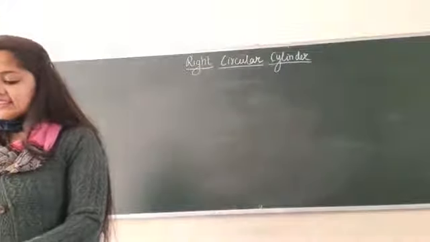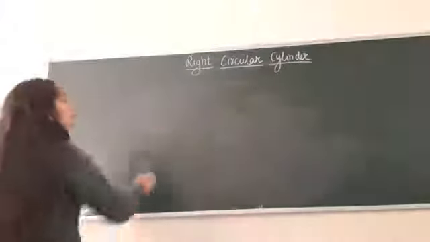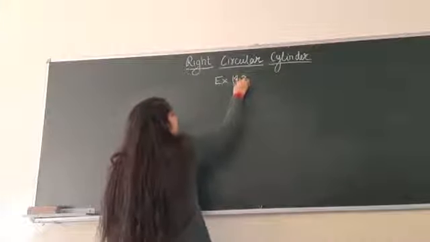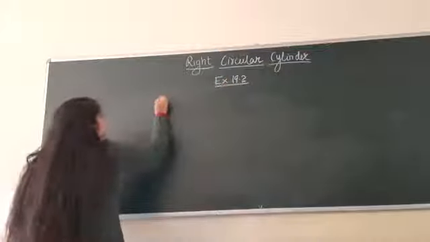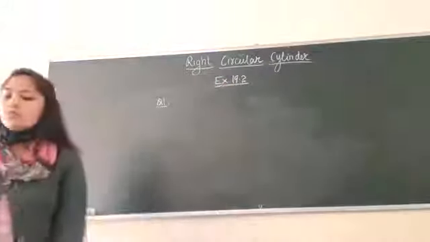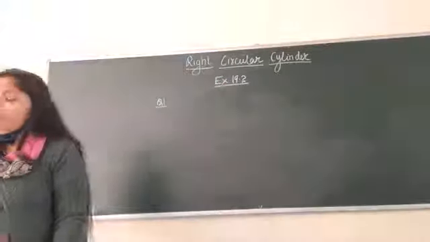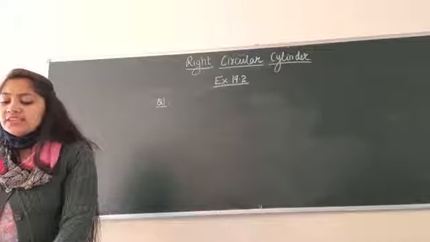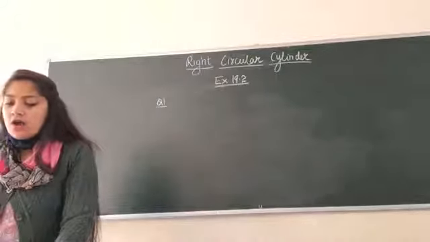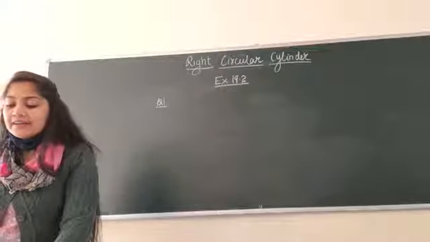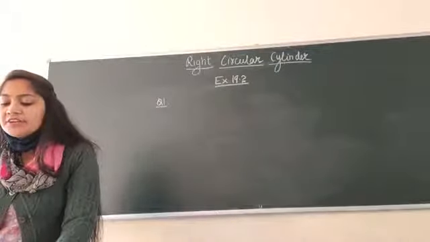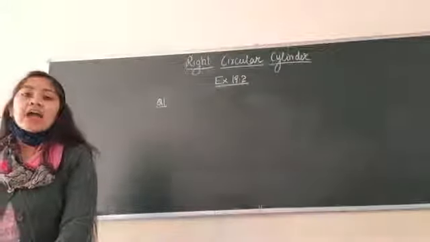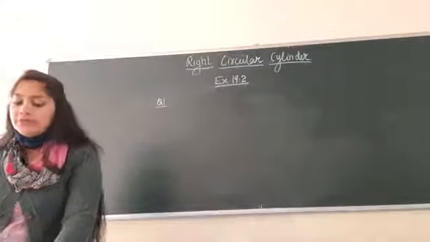So exercise 19.2. Question number 1. Find the total surface area of a solid cylinder whose diameter of the base and height are 14 centimeter and 10 centimeter respectively.